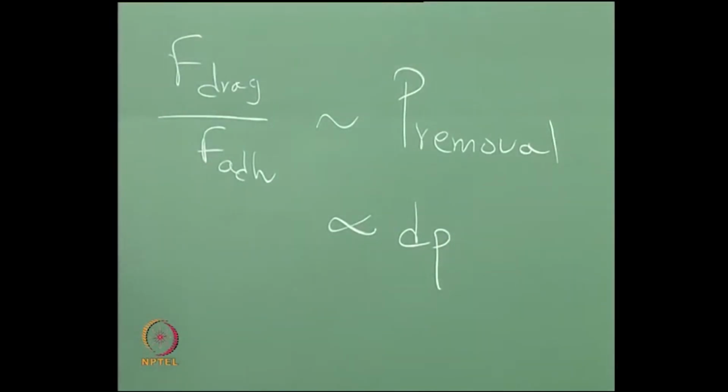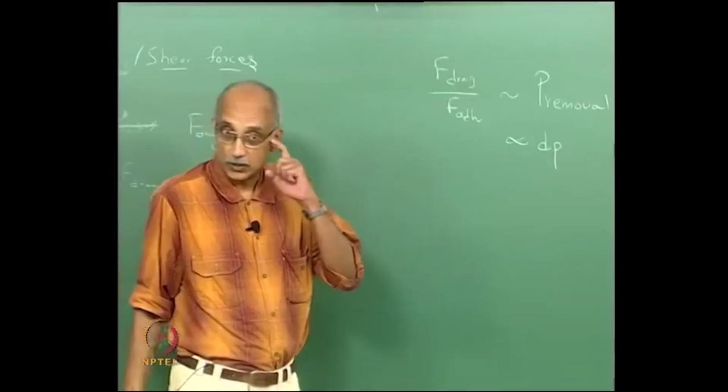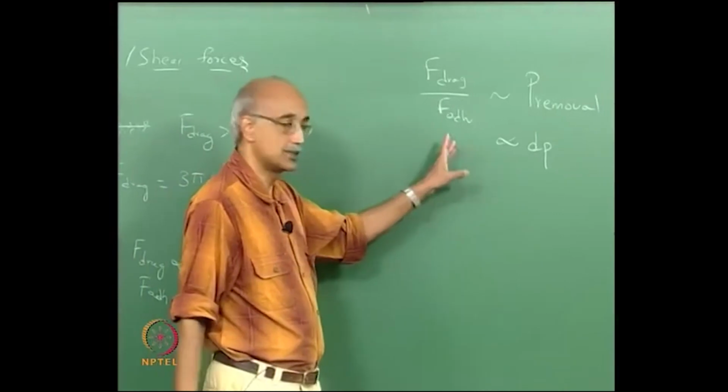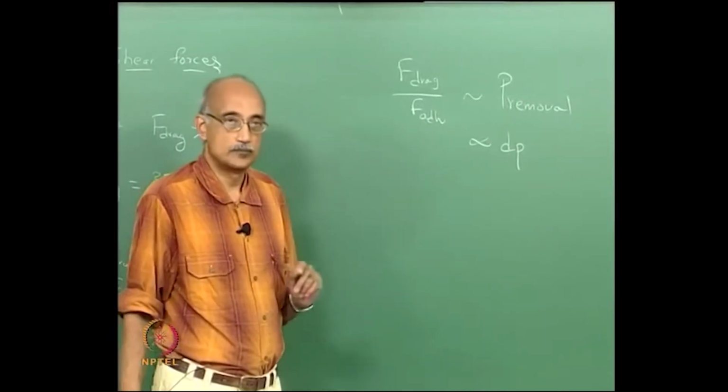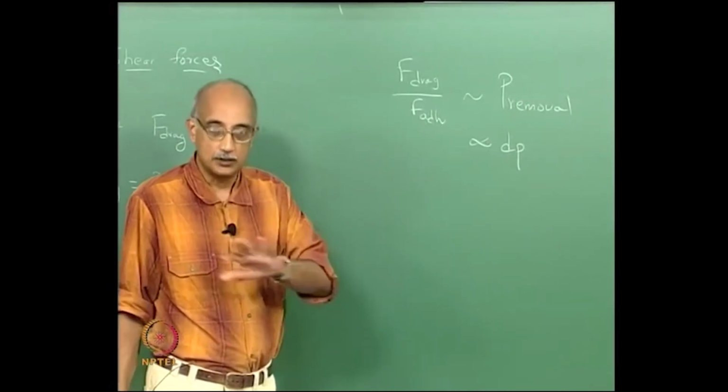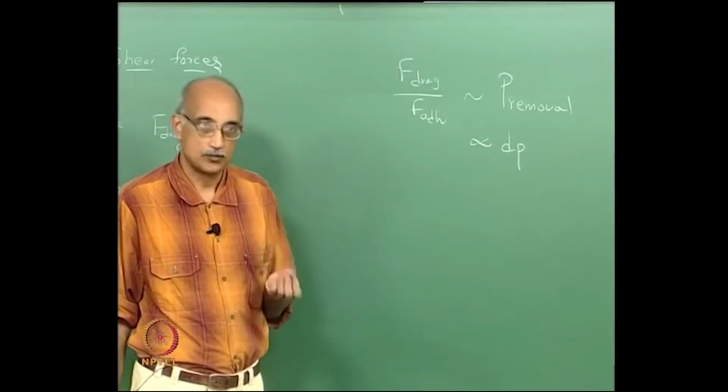So the ratio of the drag force to the adhesion force will scale as particle size, and that is the reason why, remember that question I asked a couple of lectures ago, larger particles are easier to remove, particularly using shearing forces compared to finer particles.